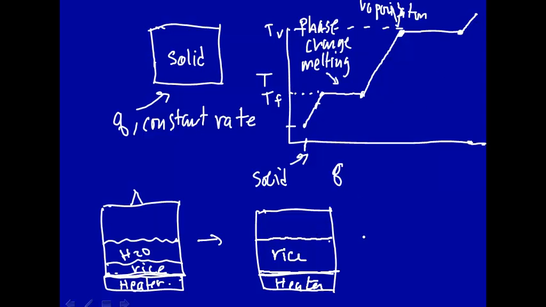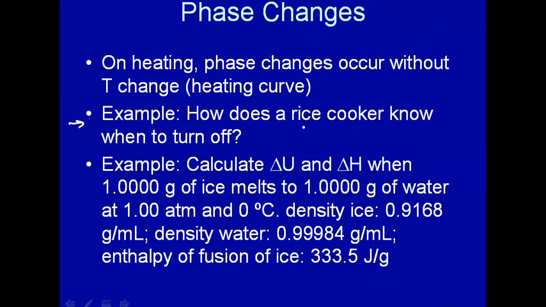And so all you have to do is to have a thermostat or some sort of device that will shut off the heater when the temperature goes above 100 C. Oh, that's a useful application of these heating curves.